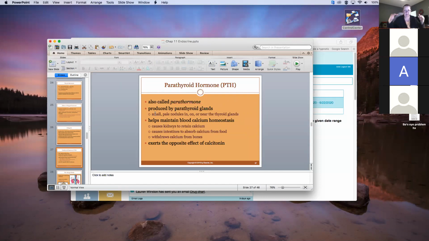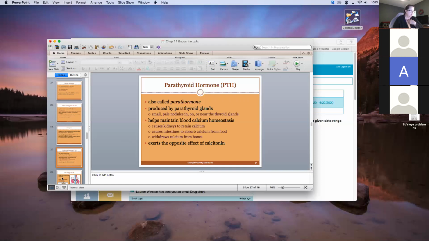If the calcium's low, the targets are the kidney and the intestine. It'll try to get the kidneys to retain calcium. It'll do the same thing in the intestine, try to pull more calcium from the diet to raise calcium in the blood. And in extreme cases, it can pull calcium out of the bones to move it into the blood.